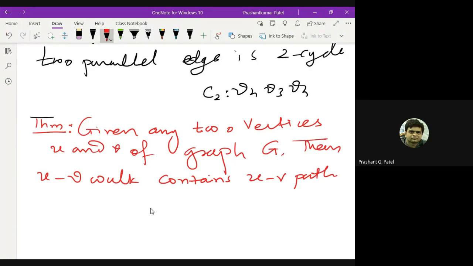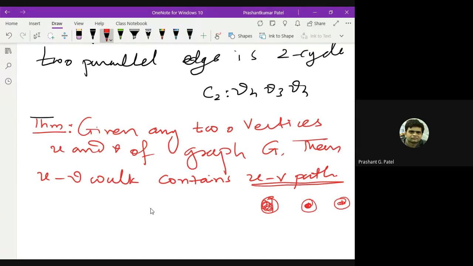There should not be a confusion between walk, trail and path. A walk is a mixture of everything. Trail means every edge is different. Path means every vertex is different. Please don't confuse. So ask yourself, what is a path?